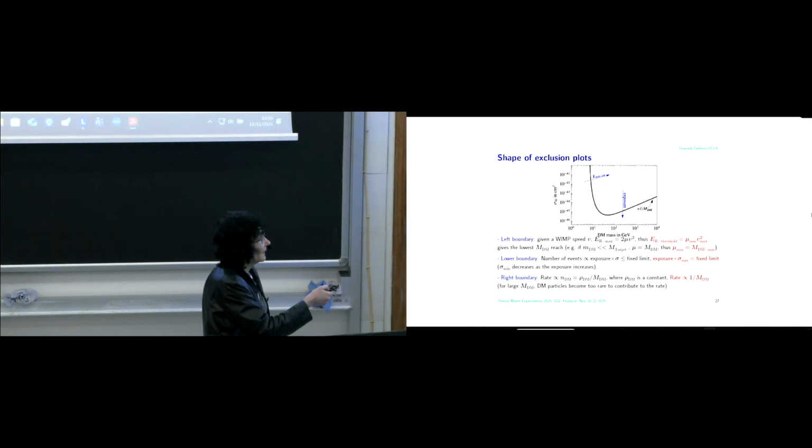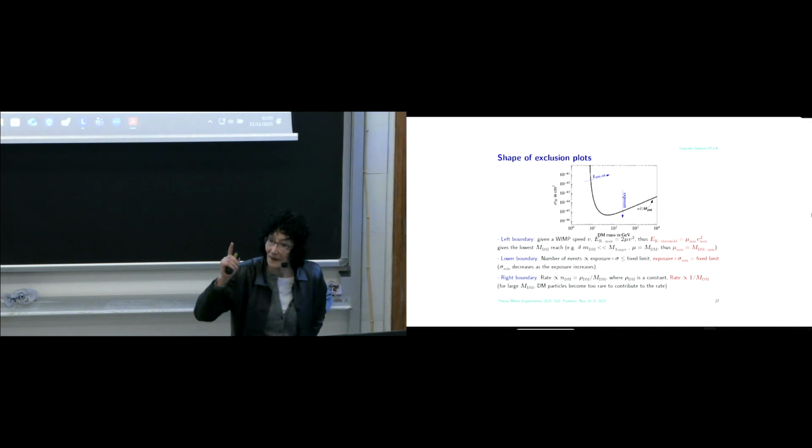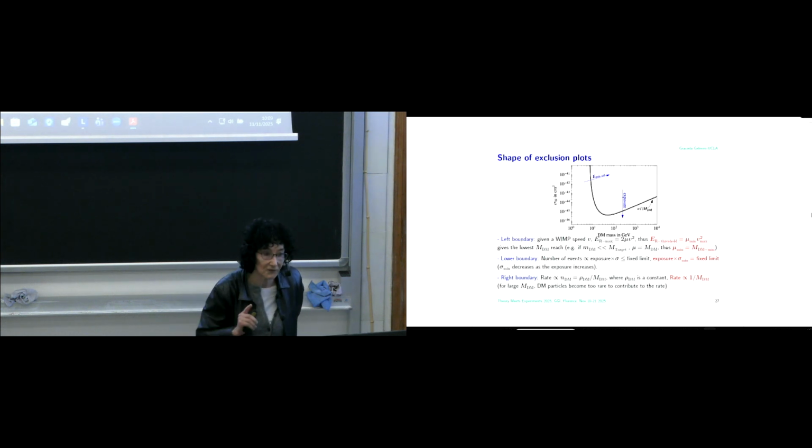So the left boundary, given a WIMP speed v, the maximum recoil energy, I gave you the equation, is 2 mu v squared. So that means that the threshold would be equal to a certain mu minimum if you take the maximum velocity. Remember that the maximum velocity with respect to a detector is the escape velocity plus the velocity of the sun, essentially. So it's about 800 kilometers per second with the choices that I showed you in the convention of 2021.